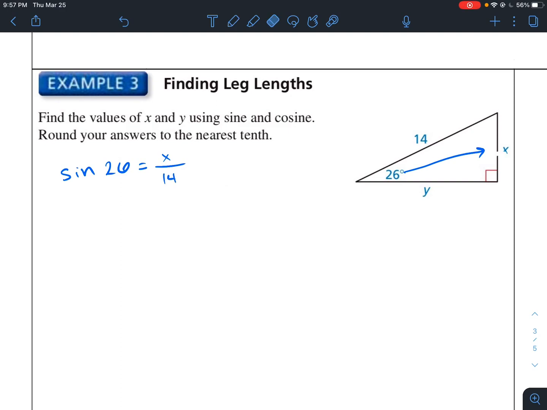So notice how I have this equation now with an unknown variable. I'm going to write this as sine of 26 over 1. I can cross multiply, so I get 14 times sine of 26. Remember that we're not multiplying the 14 and the 26 together. You can't do that. And this would be equal to x times 1. So you see there that we just get x is equal to 14 sine of 26.